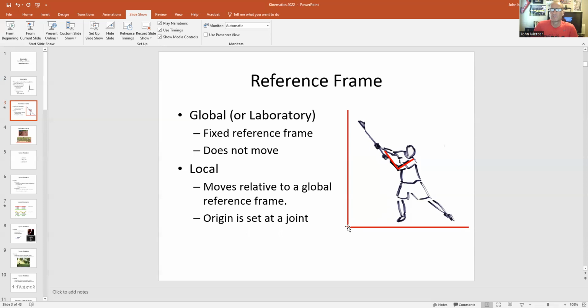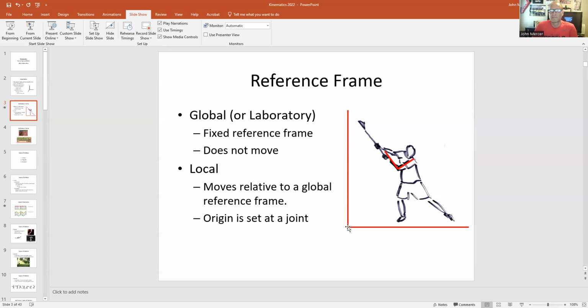The same thing, if we go in the laboratory, you will often hear us talk about setting the origin of the global reference frame, the lab reference frame, to a particular location in the lab. And we say this position in the lab is 0, 0, 0. That's where all three axes intersect with each other. It's arbitrary in one sense, but the key is that that origin is fixed. It's not moving. And therefore we call that a global or laboratory reference frame.